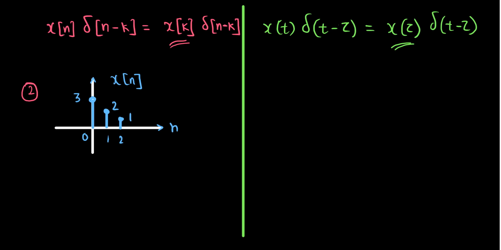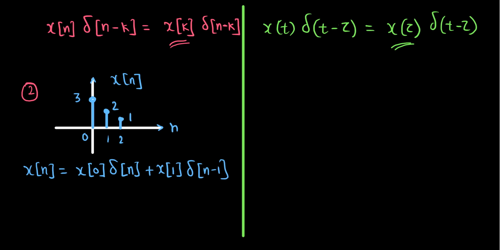So we can break down this signal x of n as x of 0 times del of n, plus x of 1, that is 2 here, multiplied by del of n minus 1, plus x of 2 into del of n minus 2, and so on.